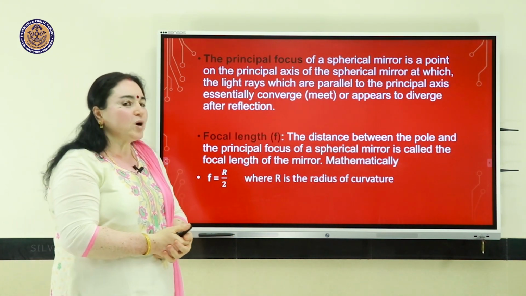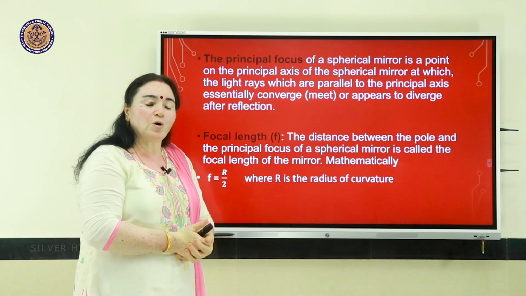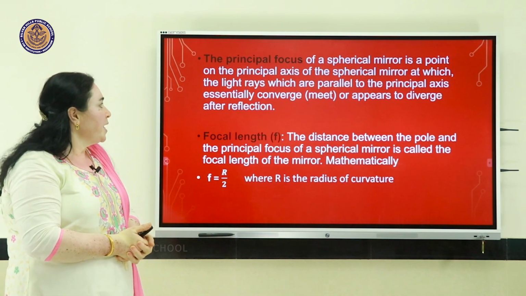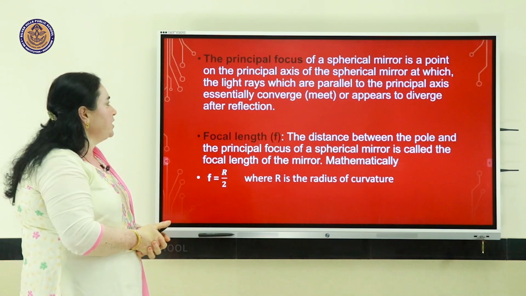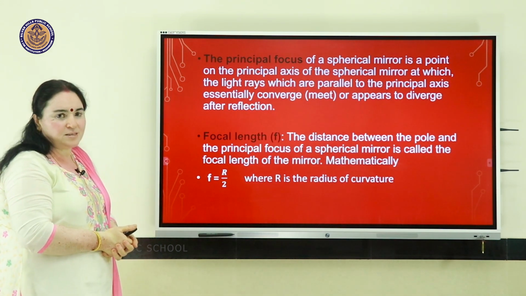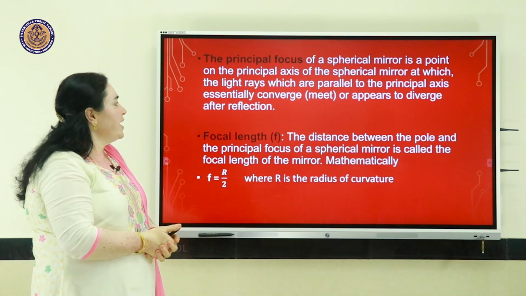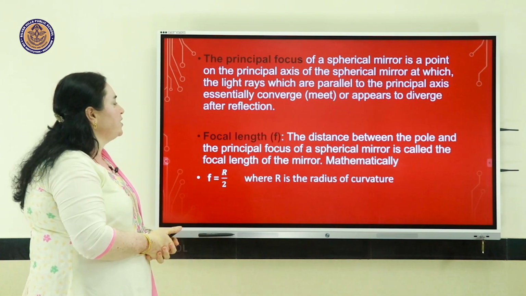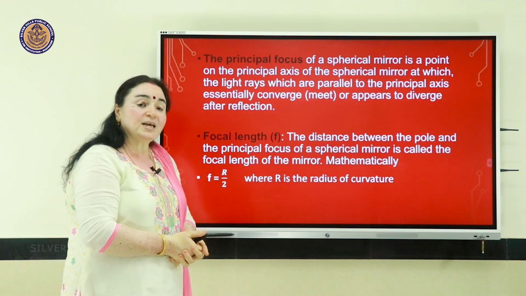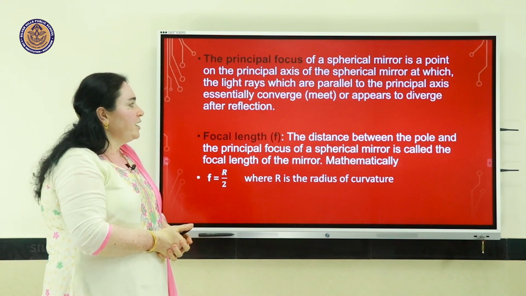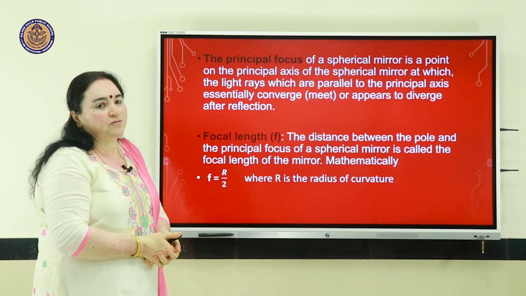The principal focus, very important point for a spherical mirror. Principal focus of a spherical mirror is a point on the principal axis of the spherical mirror at which the light rays which are parallel to the principal axis essentially converge or diverge after reflection.